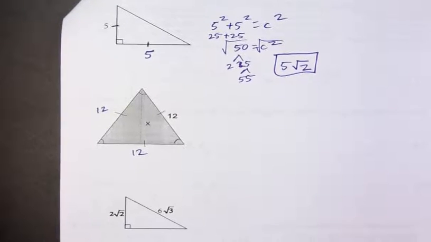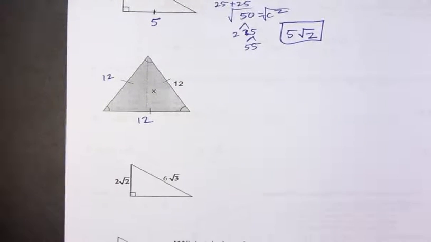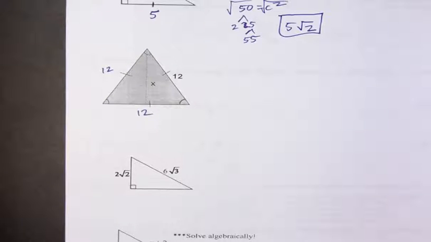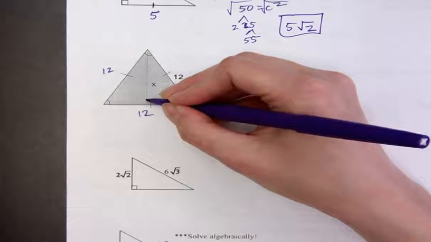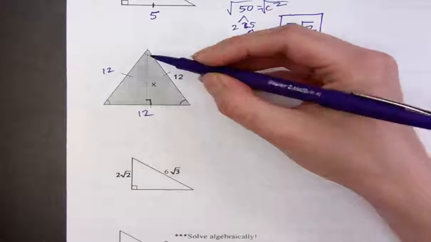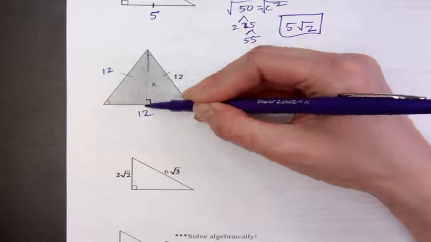Alright, so on our next one, on our equilateral triangle, what are we going to have to do to find x? So we could plug it into one of those. Well, no, it's not a right triangle, so we can't use the altitude formulas from last class. We can use Pythagorean theorem because altitude's always a right angle. So if I'm doing Pythagorean theorem, I'm taking just this half of it.